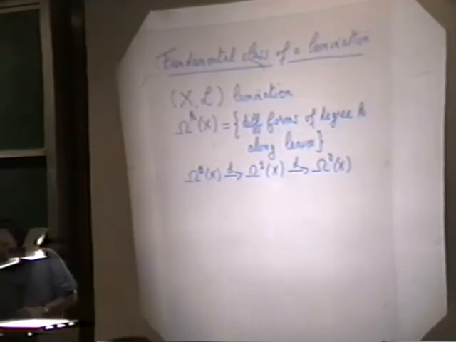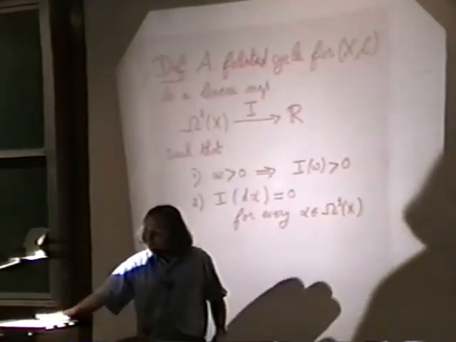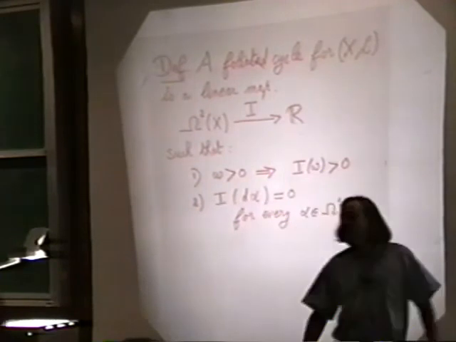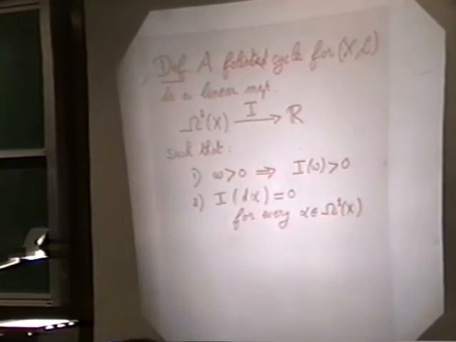Usually. So one way of trying to mimic the definition of integration of forms on manifolds has been introduced by Sullivan. Let me give a definition. A foliation cycle, or one could say a fundamental class, for a Riemann surface lamination is something that allows you to compute the integral of a two-form.